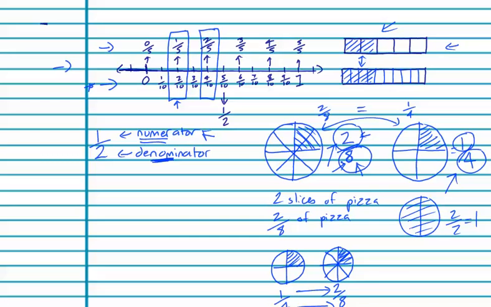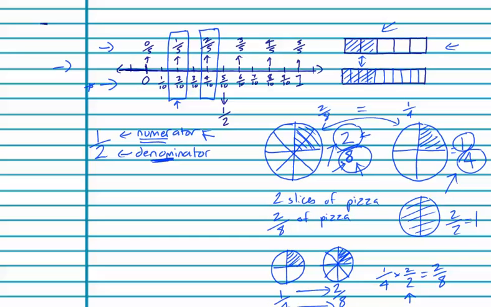So really, I've taken my 1/4, multiplied by 2/2, and got 2/8. It hasn't changed the meaning because 2/2, anything divided by itself, is 1. I've really only multiplied by 1, which doesn't change the actual amount. It just changes how I write it.